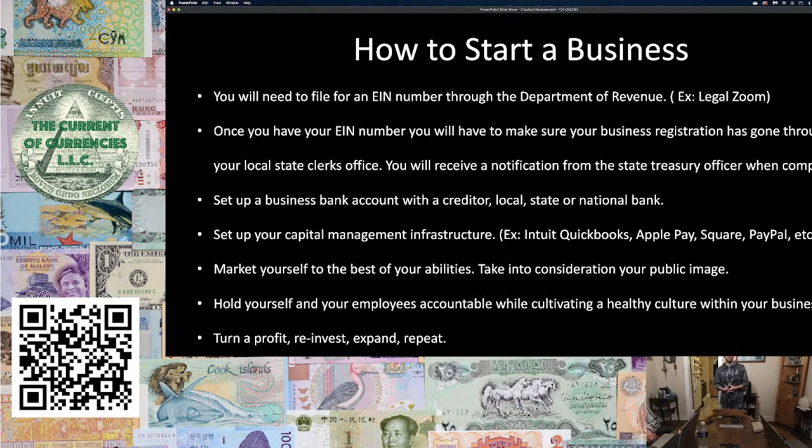Once you turn a profit, you can reinvest, expand, and then repeat. You have a business, and you want to make capital so that you can start another business. I have a few businesses myself. Greg, this is basically going to be your thing. If you want to start something after that and you do well at what you want to do, you're going to have the availability to do that. That's what you want to do at the end of the day, because you're trying to break out of the rat race.